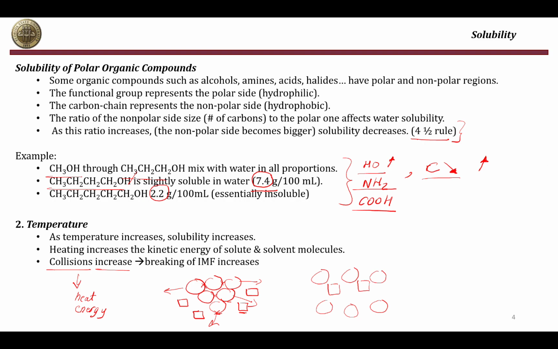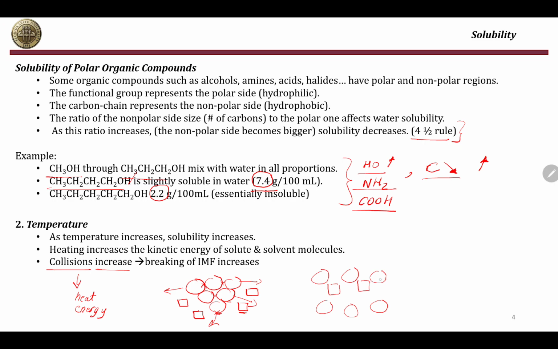So this is just a simplified picture of the effect of temperature on the solubility, and how an increase in temperature increases the solubility of a certain solute in a solvent. So to summarize, increasing the temperature will increase the collisions between the solute and solvent molecules, which will produce more energy, and this energy can be used to break the intermolecular forces that are keeping the solvent molecules together and keeping the solute molecules away from them.